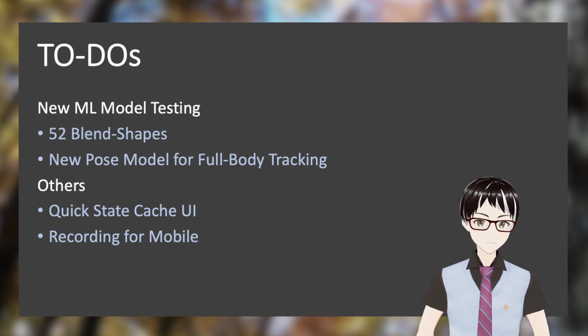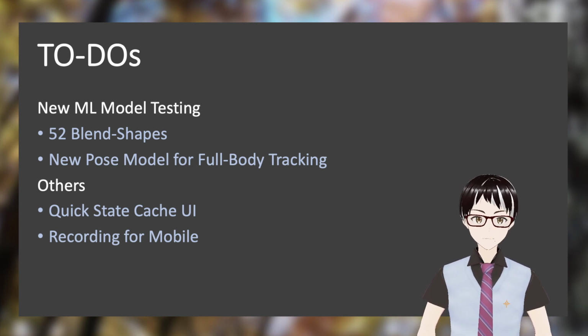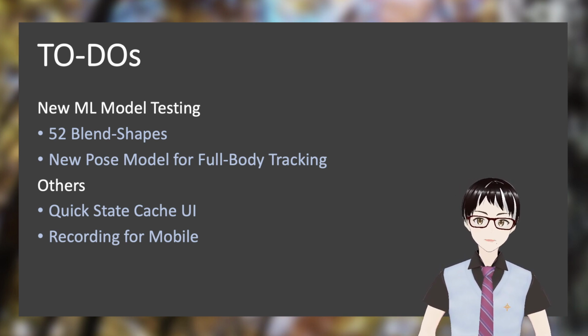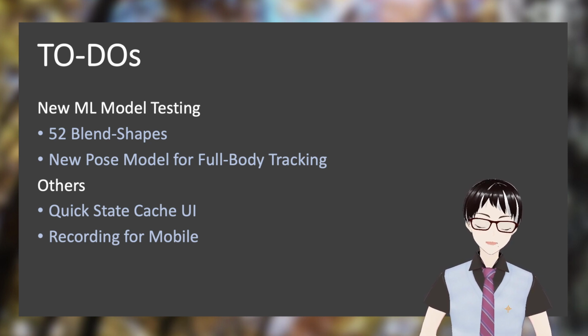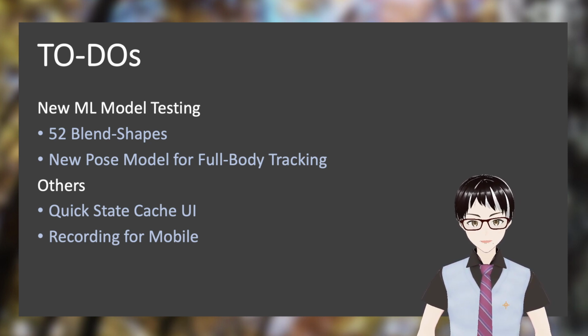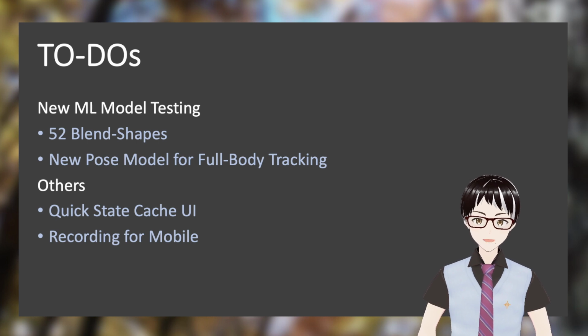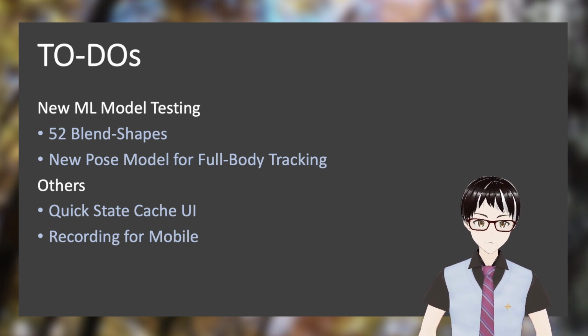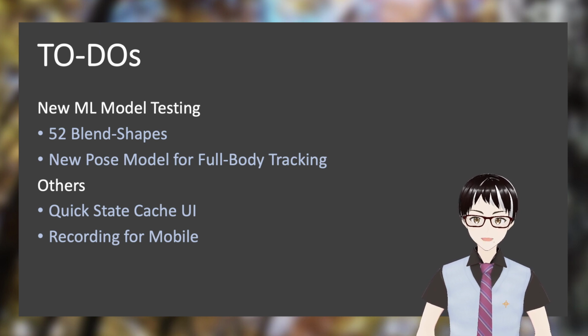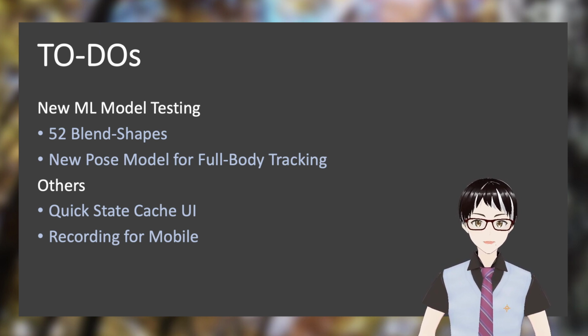If the 52 blend shape option is available for the VRM file, then we enable it. Another idea is that we provide a check selection so that the user can check if their VRM file has 52 blend shapes and they would like to use it this way.